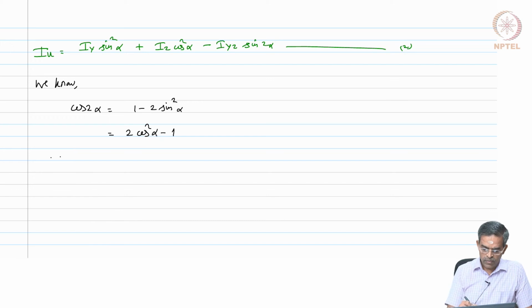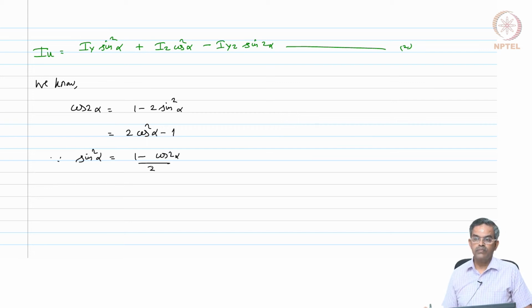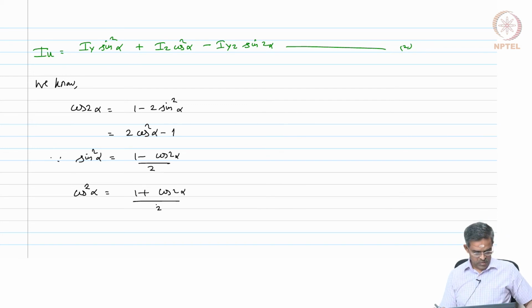So, therefore, sin square alpha is (1 minus cos 2 alpha) by 2 and cos square alpha is (1 plus cos 2 alpha) by 2. So, I am going to replace these two values with these new expressions.